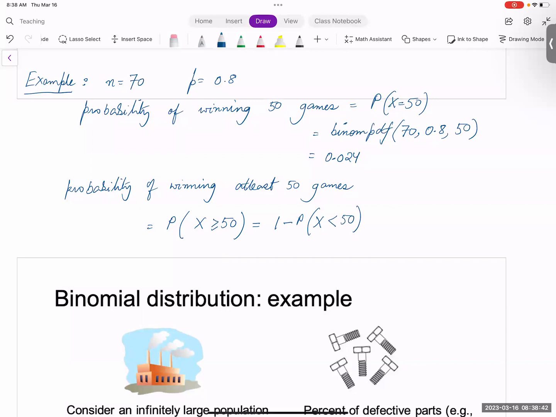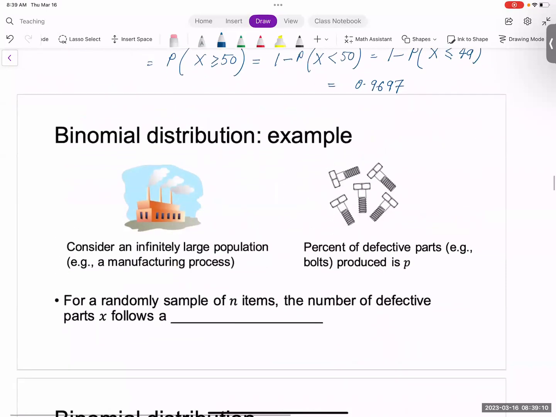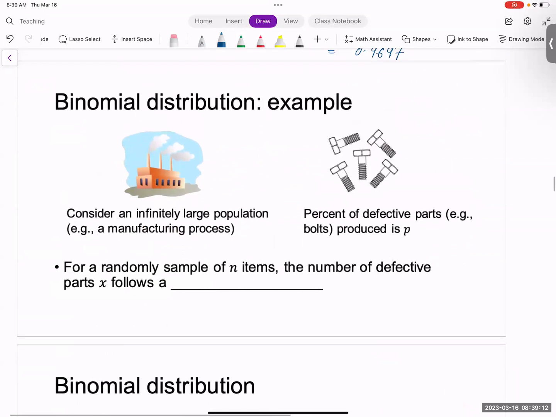Again, we don't have a formula for less than 50, but all we know is that less than 50 is the same as less than or equal to 49, because x can only take discrete possibilities. So this is equivalent to x less than or equal to 49. And then just do a binomcdf here, you should get 0.9697.